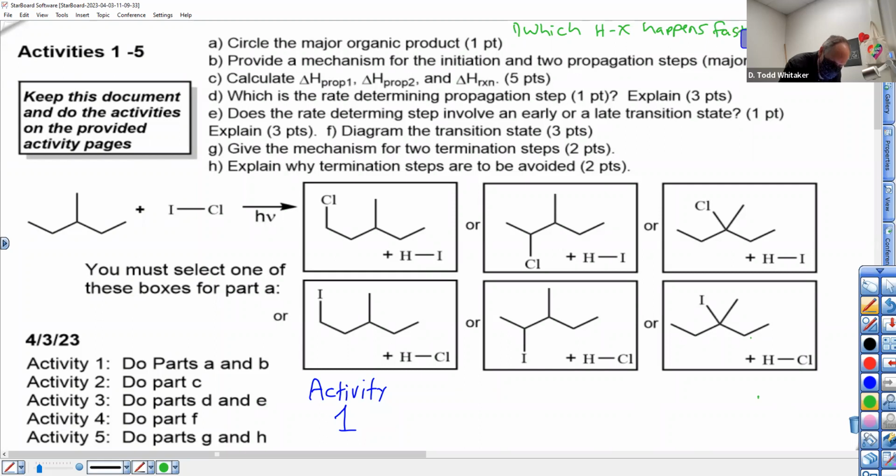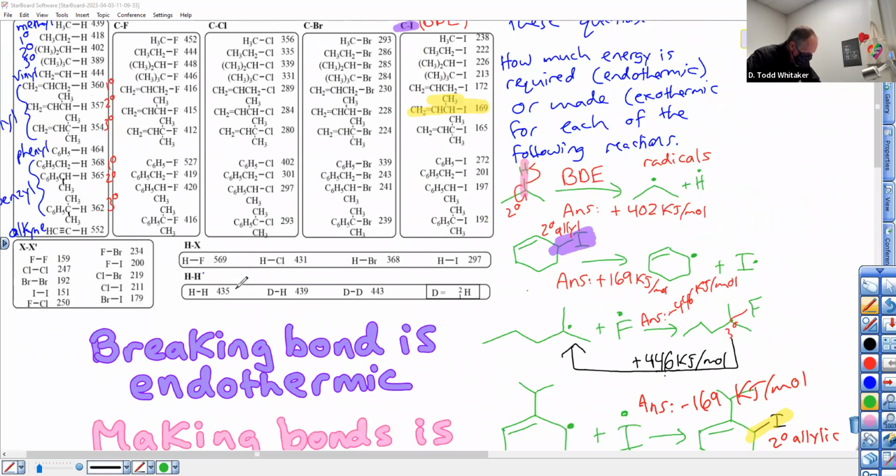Remember, I said the more exothermic a reaction is, the faster it is. I need the delta H for formation of HI, and I need the delta H for formation of HCl. They are on the previous page. HI is right here. Why do I say negative 297?